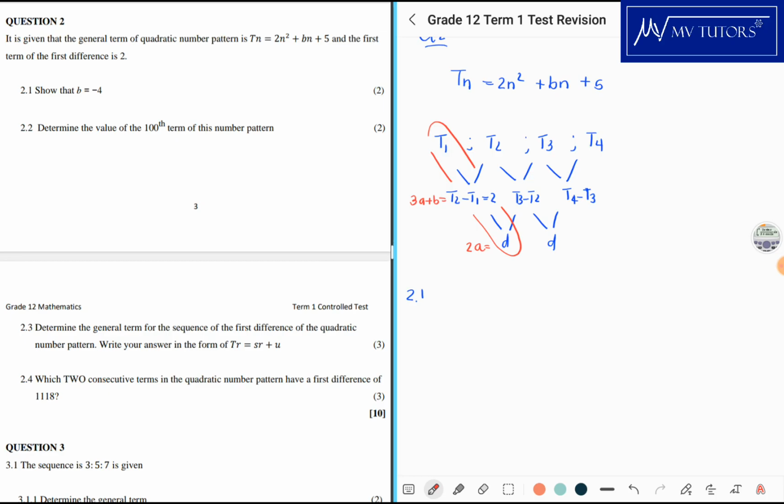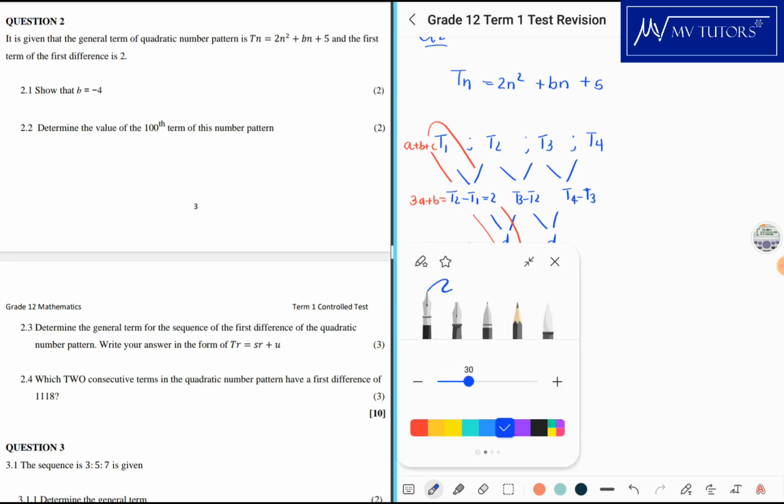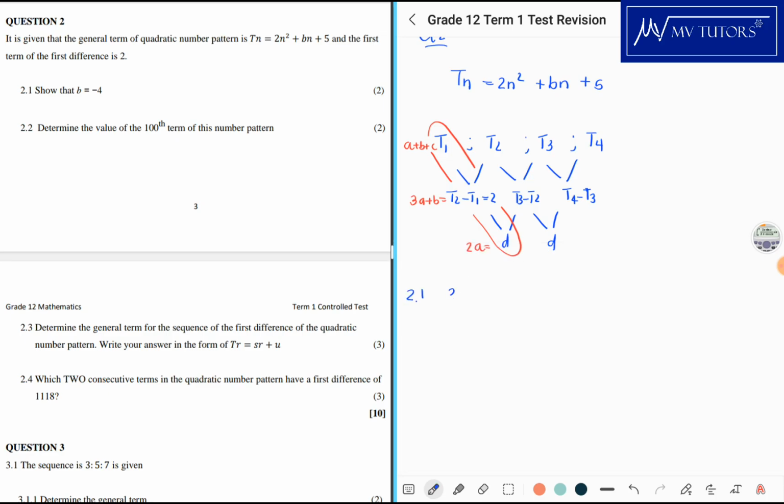And then to get the first term, you're going to say a plus b plus c. So what we do know, then, 3a plus b is actually equal to 2. Okay, and what is a? Remember our quadratic equation, it's basically an squared plus bn plus c. So we can see that a is actually equal to 2.